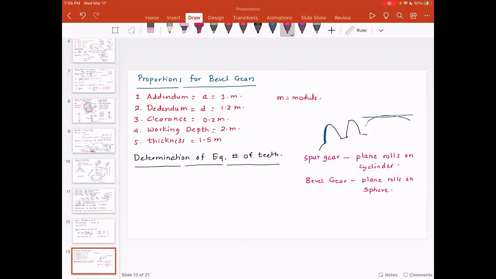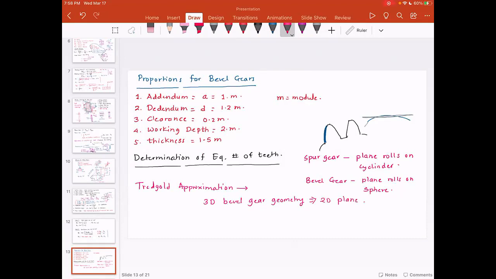So what we do is we use something called the Tredgold approximation to represent 3D bevel gear geometry on a 2D plane.